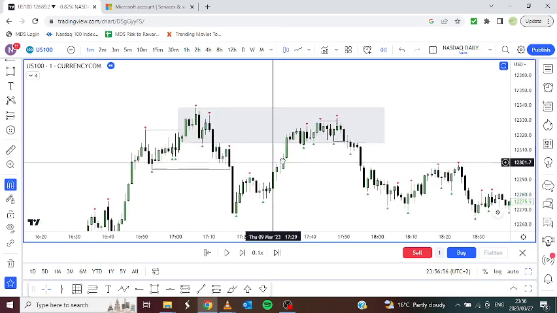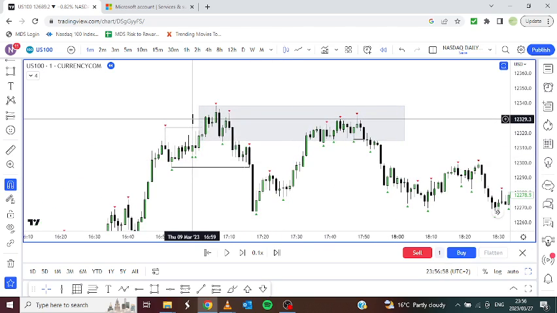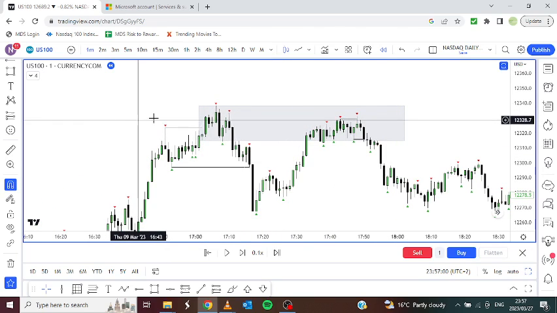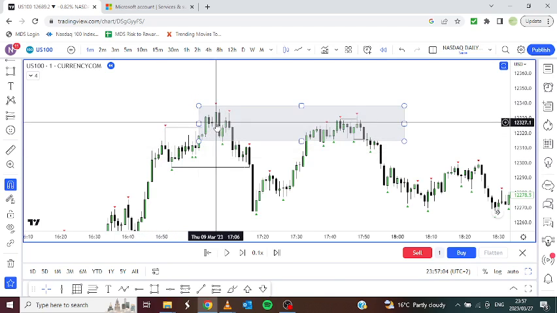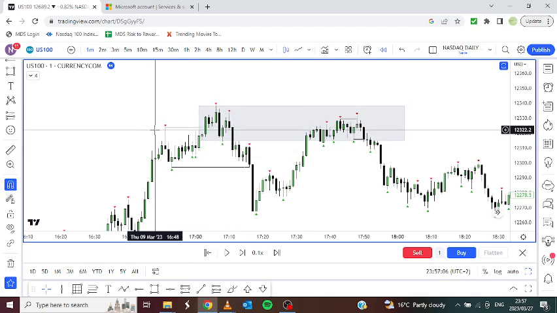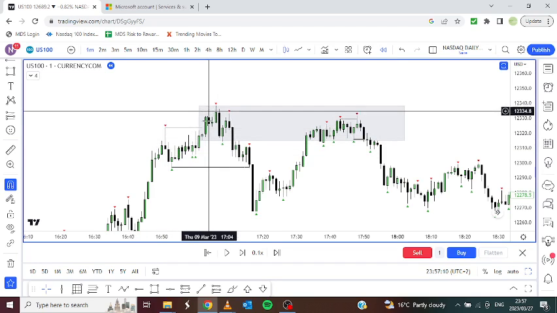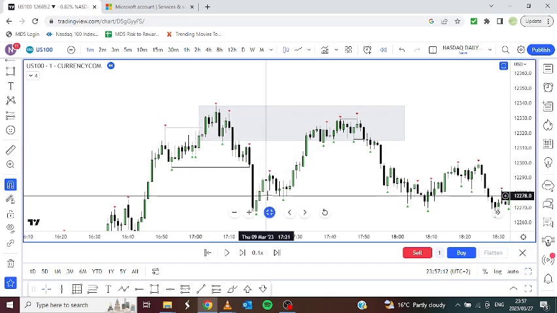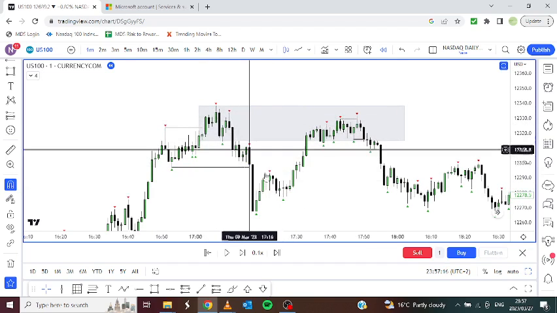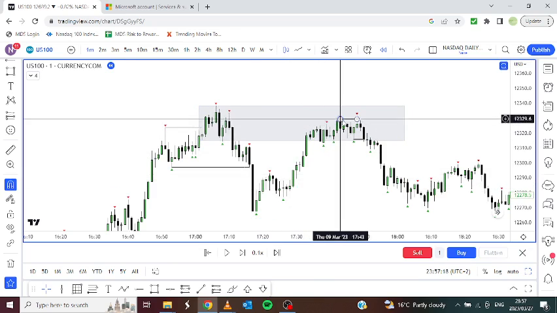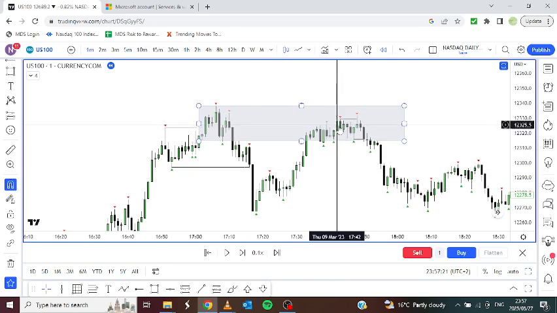So we've refined it in so many ways. You could have just taken it in the POI, midpoint of the POI. You could have waited for a small confirmation like this. You could have waited for a bigger confirmation like this, where we swept, changed character, retraced into a premium zone above liquidity, and after there has been some liquidity also generated on the way up.